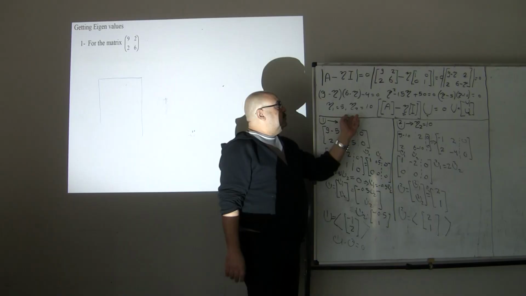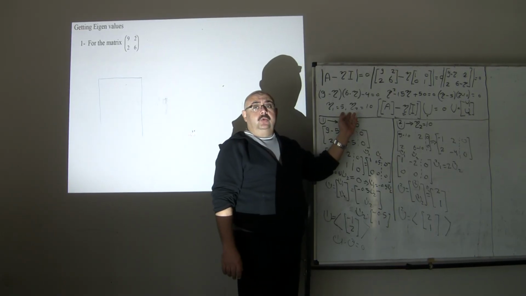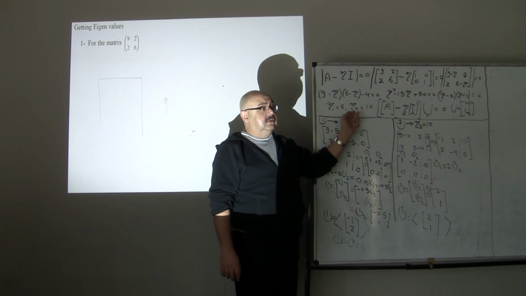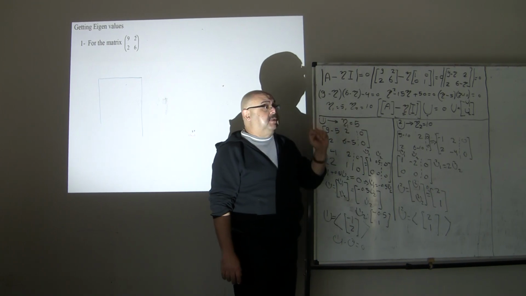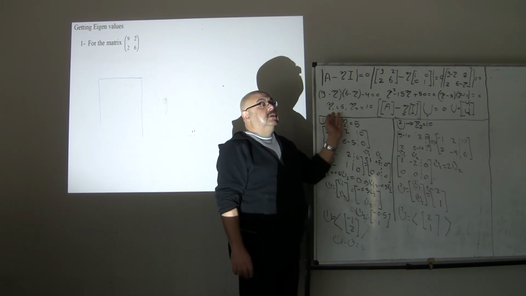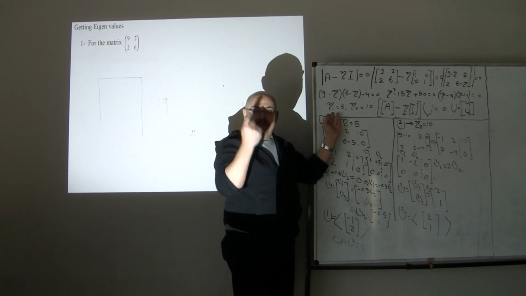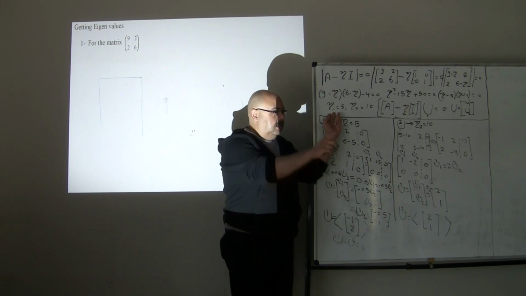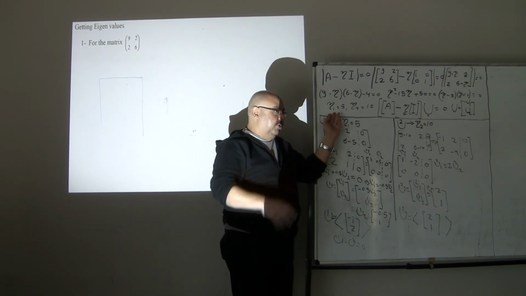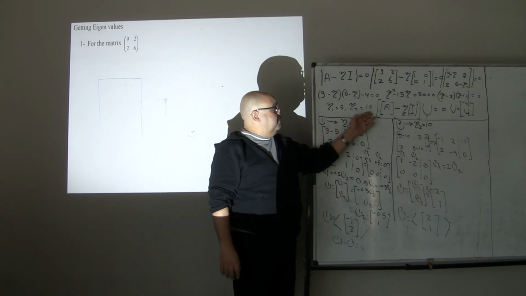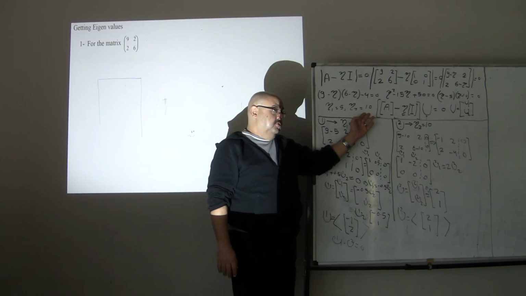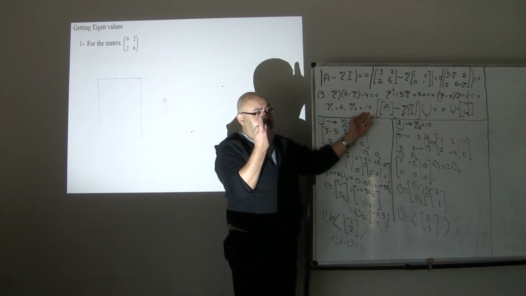Once you solve this problem, the eigenvalues were distinct. Am I right? 5 and 10. Okay? So the algebraic multiplicity for this root is 1. It is repeated once. This is what's called an algebraic multiplicity. Keep it in the back of your mind for later. And this number is 10. So the algebraic multiplicity is 1.